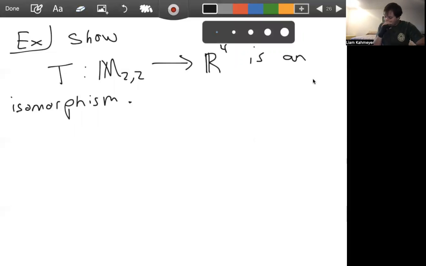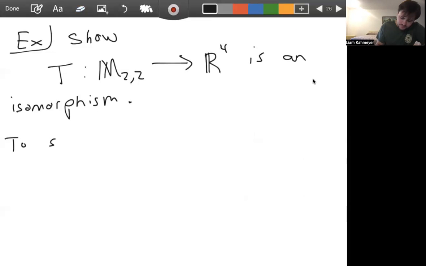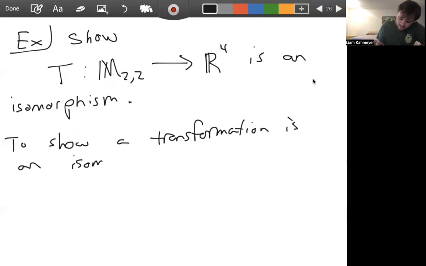So how do we show such an isomorphism? Well, to show a transformation is an isomorphism, for now, we have to show the following things.